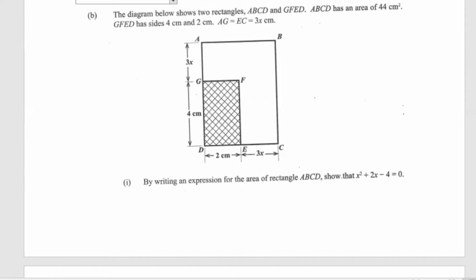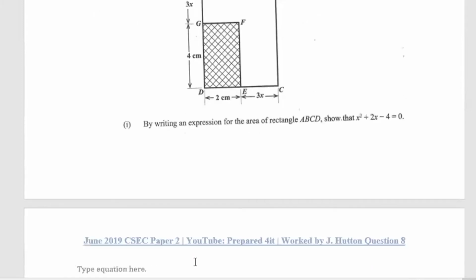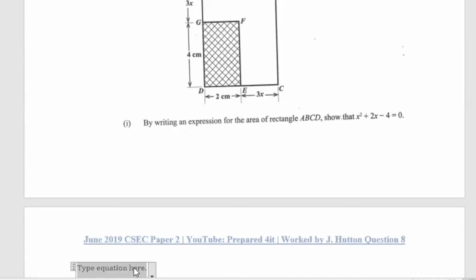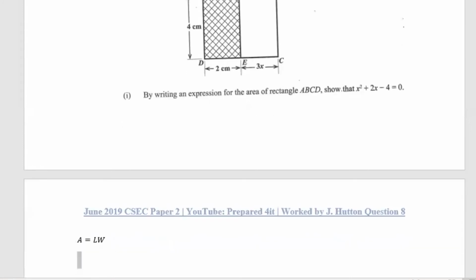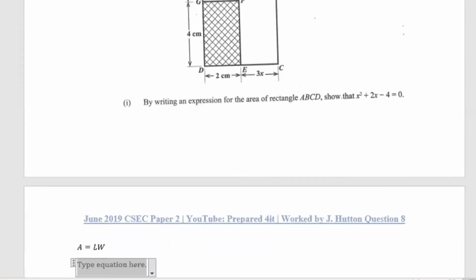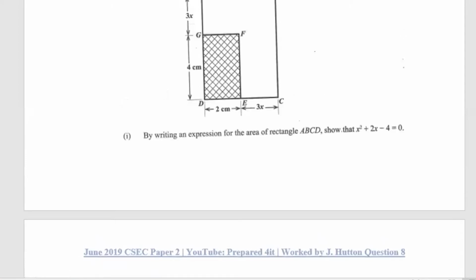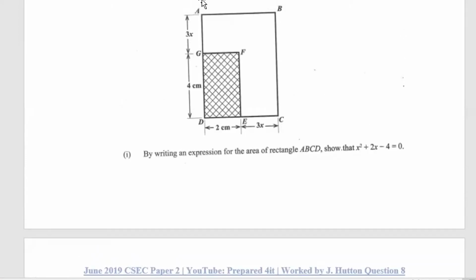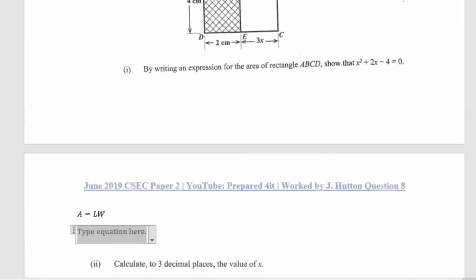So we're writing an expression for the area of the rectangle. So what we know is that area of a rectangle is equal to length multiplied by width. So we're looking at the length of AD and the length of DC, as those two parts will give us the area.